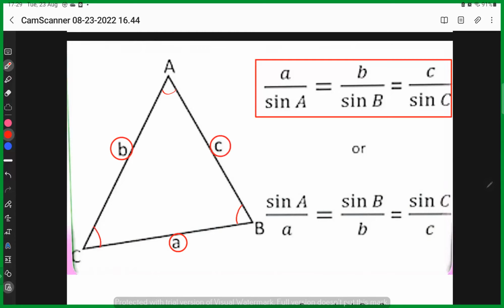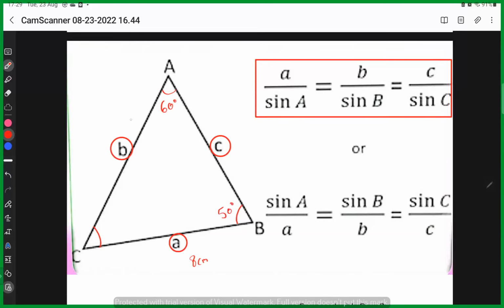Now imagine that you have the angle A, let's say it is 60 degrees. You have the length a, let's say it is 8 centimeters. You have the angle B, let's say it is 50 degrees, and you have been asked to find the small b. It's very simple.